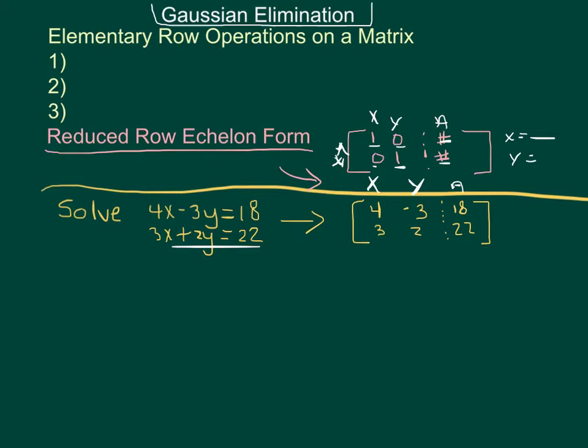Okay? So what rules are we allowed to operate with? We're going to identify 3 of them here. Elementary row operations on a matrix correspond to changing the equations of the system down here. One thing you can do is interchange any 2 rows.